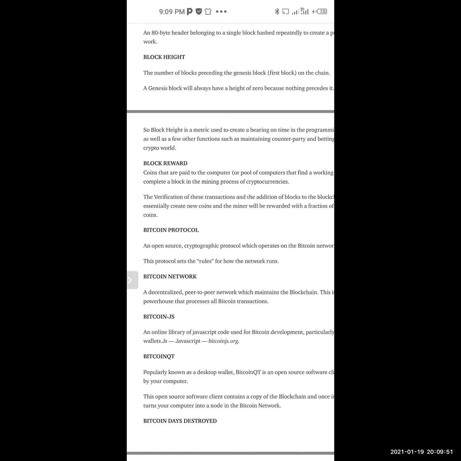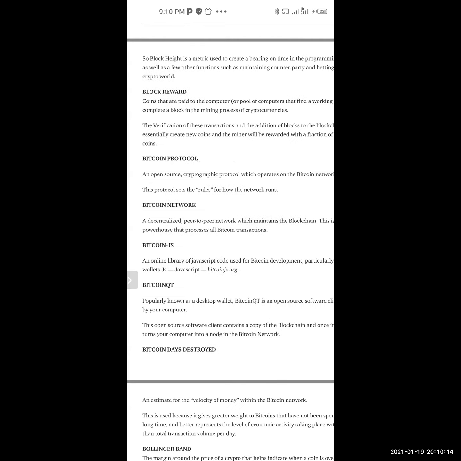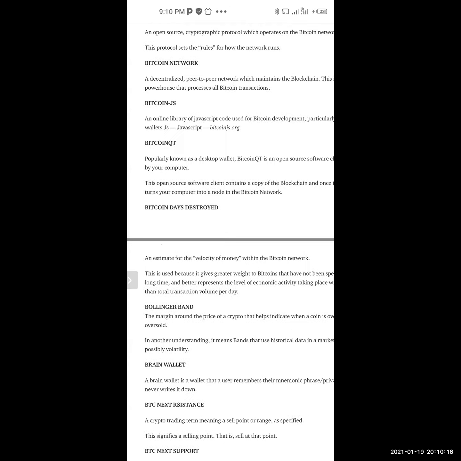The block reward was 12.5 Bitcoin, but after the halving, they started getting 6.25 Bitcoin. So that is a block reward. It is the reward they get for solving an algorithm, a complex mathematics, when they generate new Bitcoin.